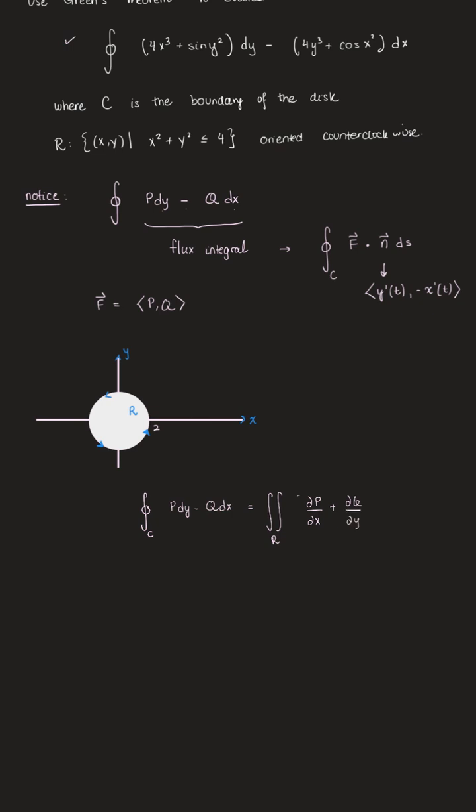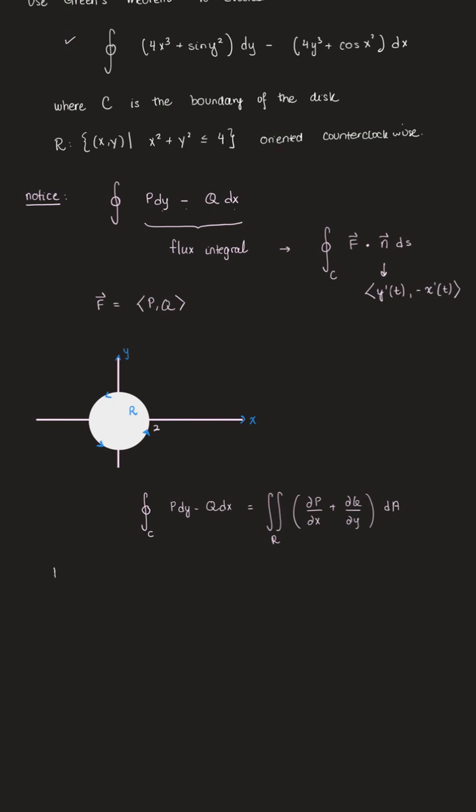That is the divergence, times dA. Okay, so now we're ready. Let's go ahead and find the divergence of our vector field, div F, with components P and Q.